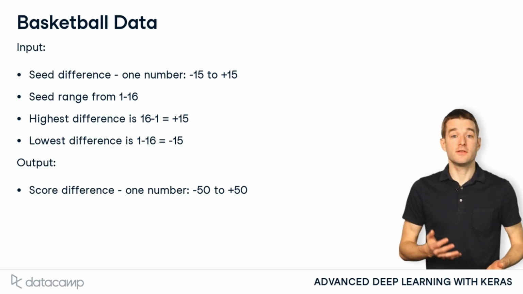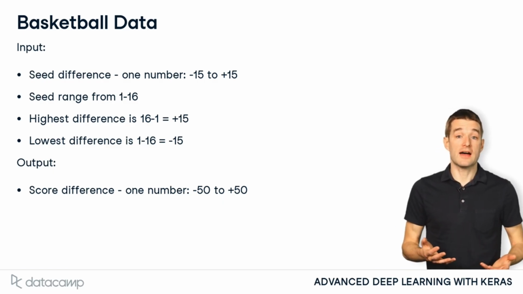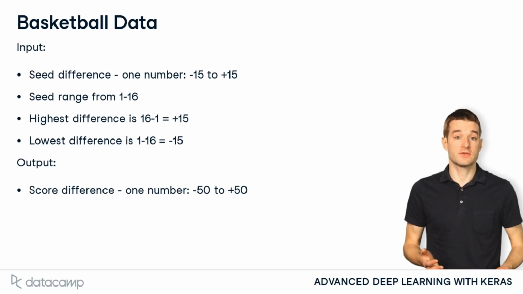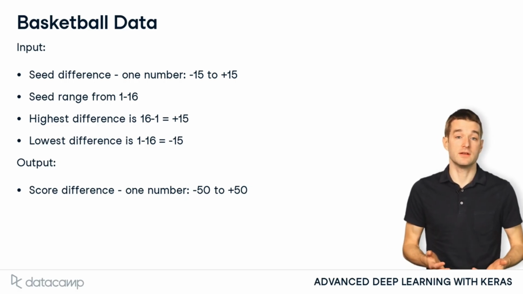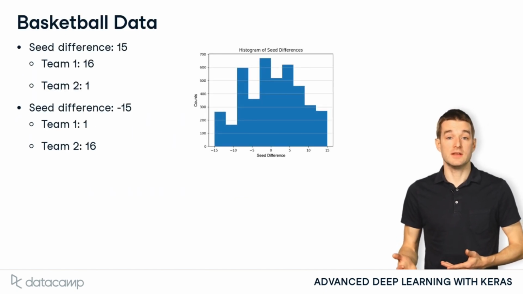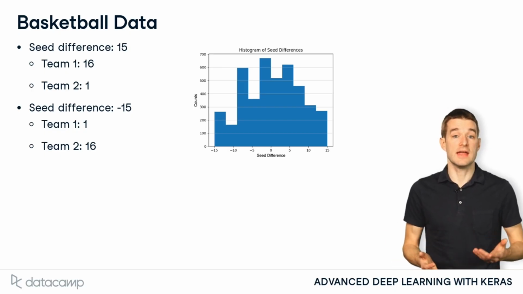You will use the difference in seeds as your input. Note that you have both a 16 seed playing a 1 seed and a 1 seed playing a 16 seed in your data, so you'll have seed differences ranging from -15 to +15. A seed difference of +15 means that Team 1 has a seed of 16 and is playing a team of seed 1.